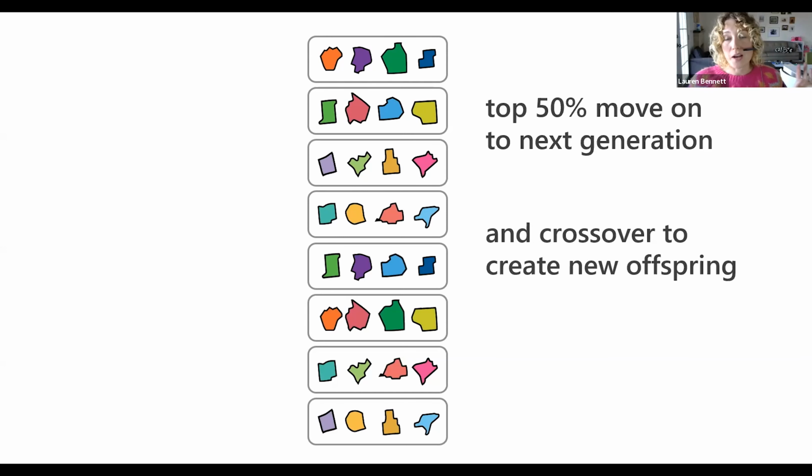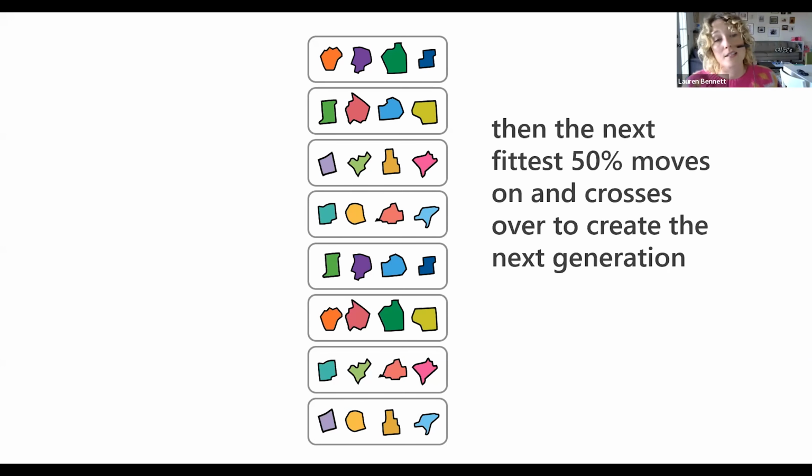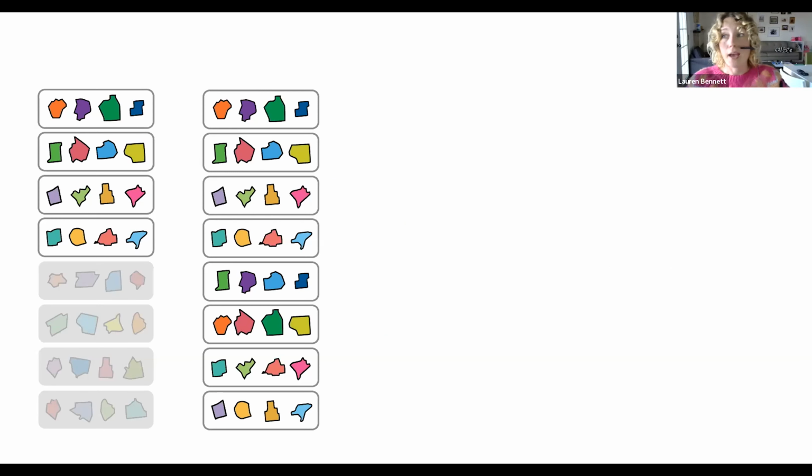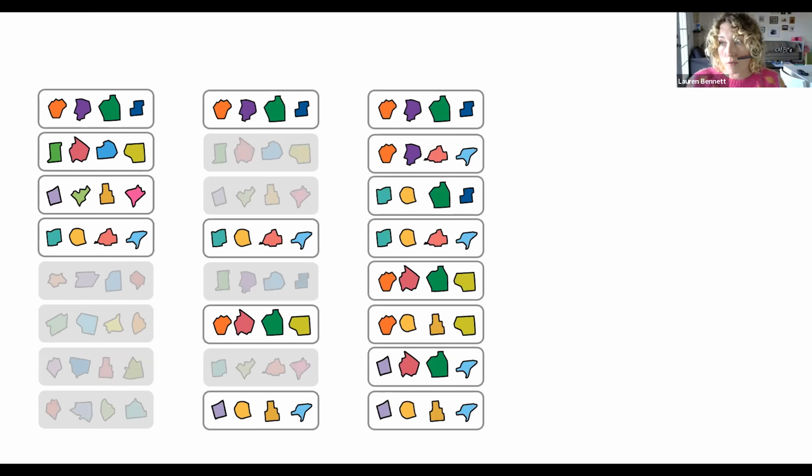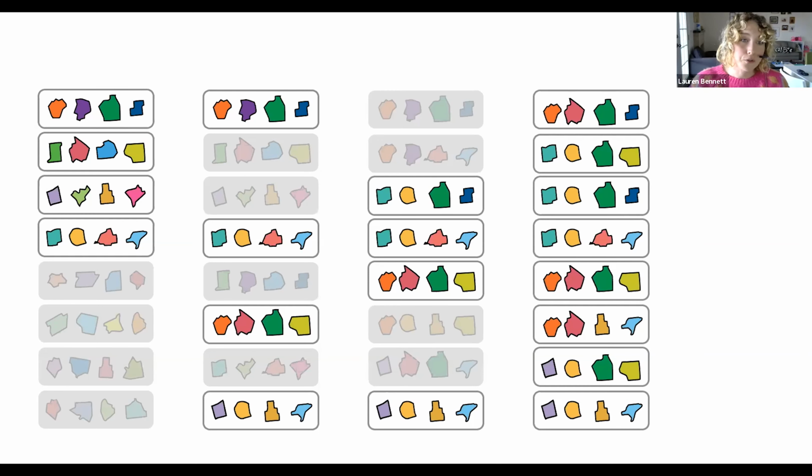There's a lot of optimization happening here to create as much difference as we can in this next generation. Those fitness scores get calculated and the next 50% move on, and that happens over and over again. There are also lots of other concepts that come in, things like mutations, and even aliens can be introduced into this to get to that optimal solution.